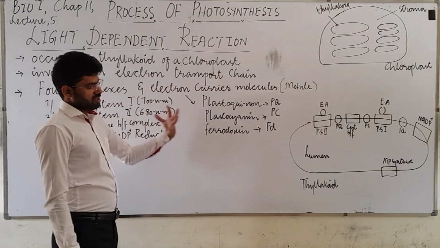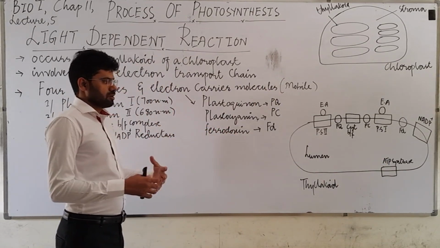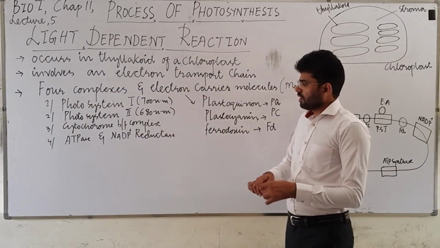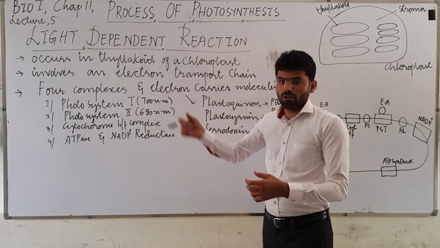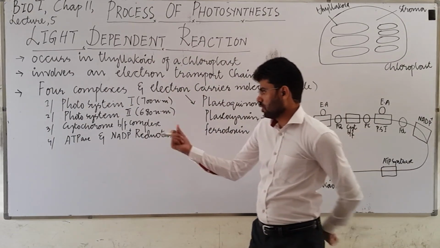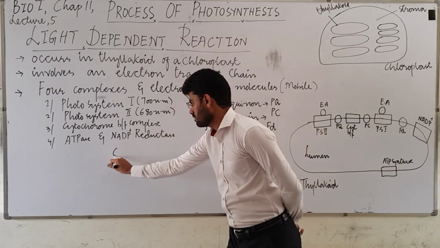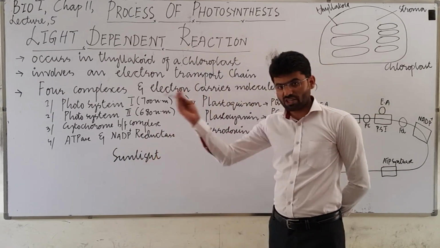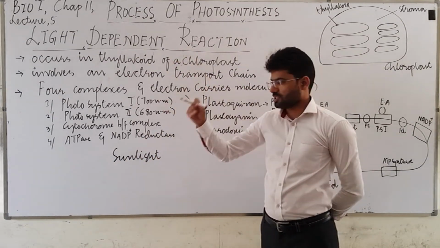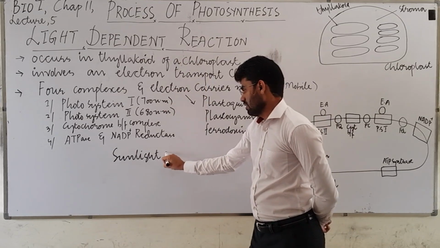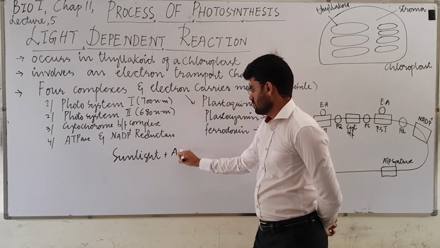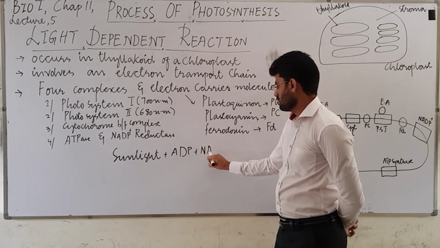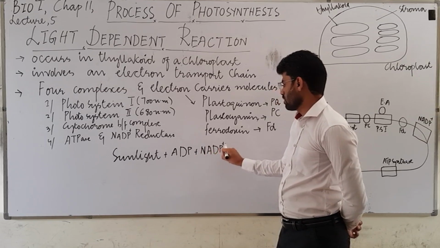So this reaction starts, and by the end of this reaction we will have two molecules. If we talk about the reactants of the light dependent reactions, the first and major reactant is sunlight, plus ADP molecule, plus NADP molecule.